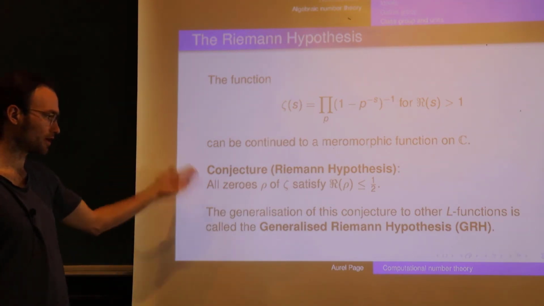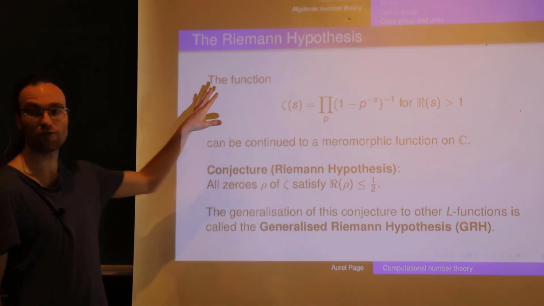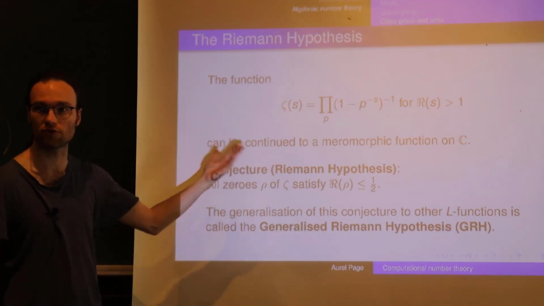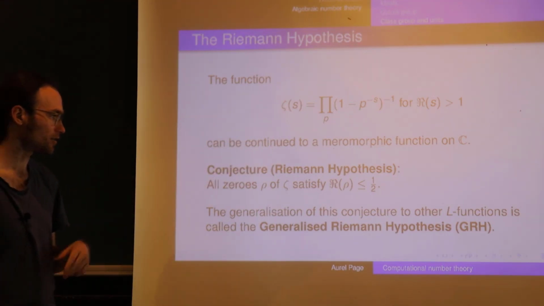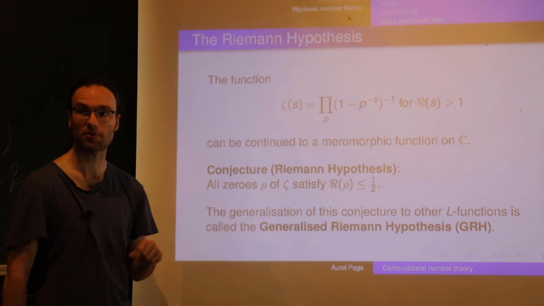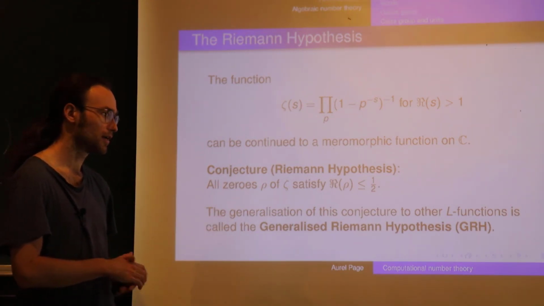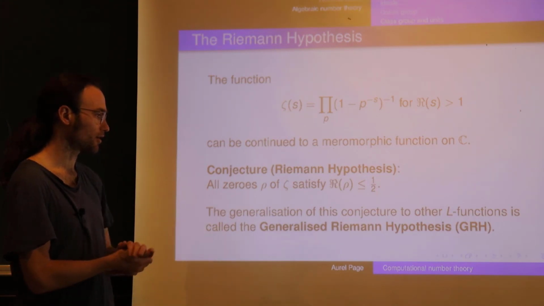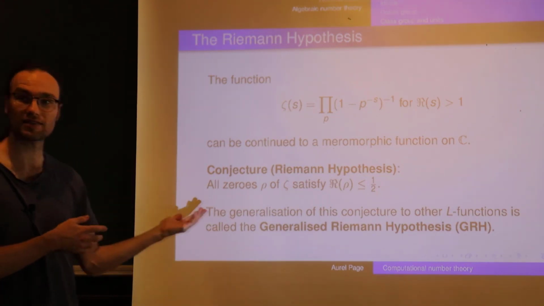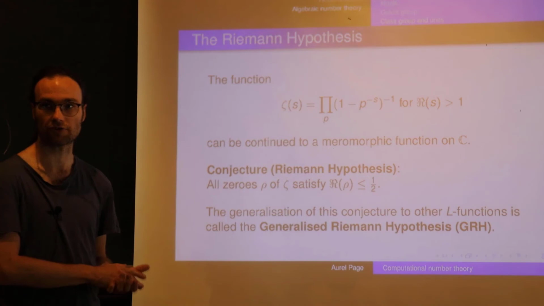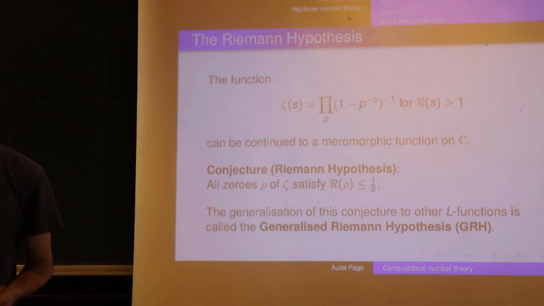And there's a generalization of this conjecture to other L-functions related, for instance, to the field that you're going to look at. We call this the generalized Riemann hypothesis. That's a very hard conjecture that no one knows how to prove, but it's going to play a role in the correctness and the running time of the algorithms, so you have to be aware of that.